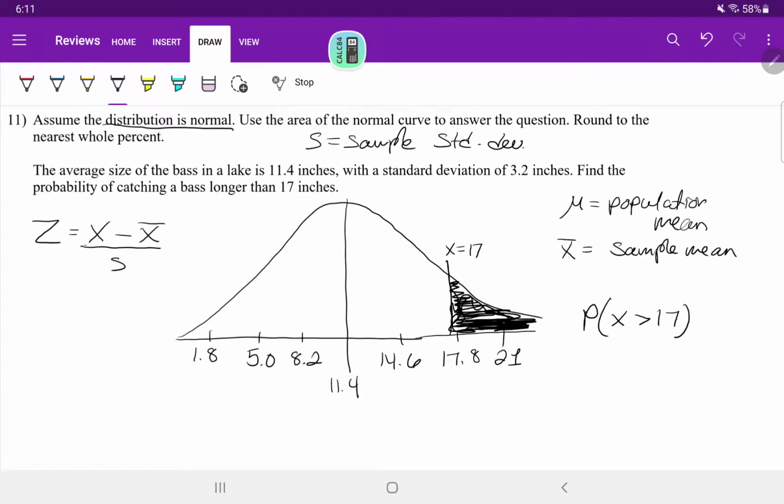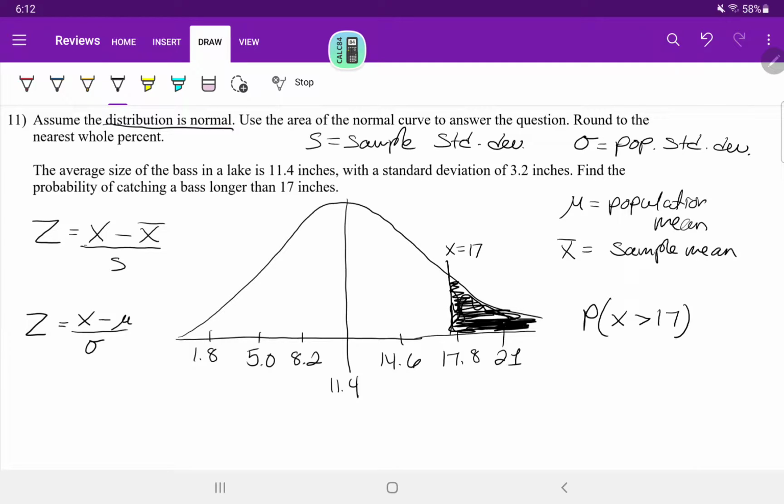Some instructors will write it as z equals x minus mu over lowercase sigma, and lowercase sigma is the population standard deviation. In this case, it kind of doesn't matter which formula you use.